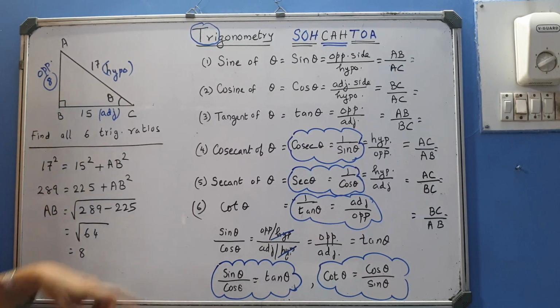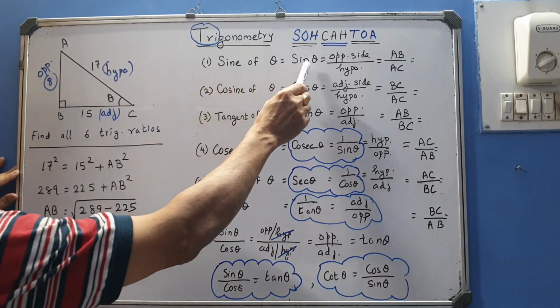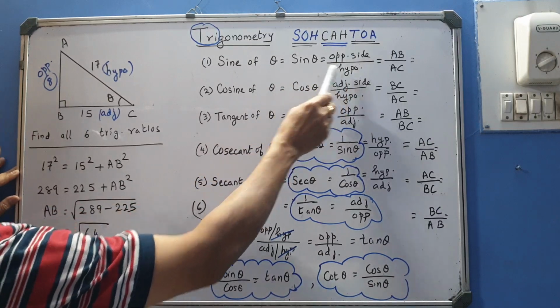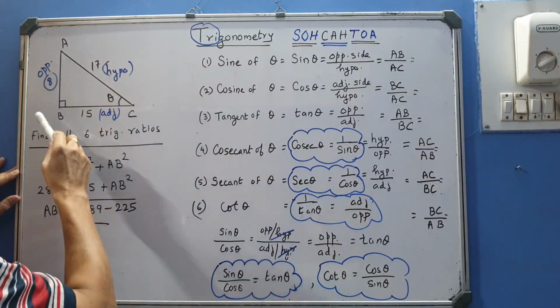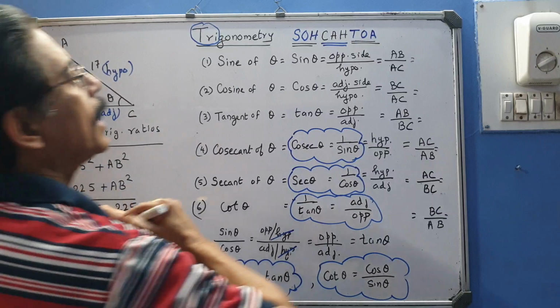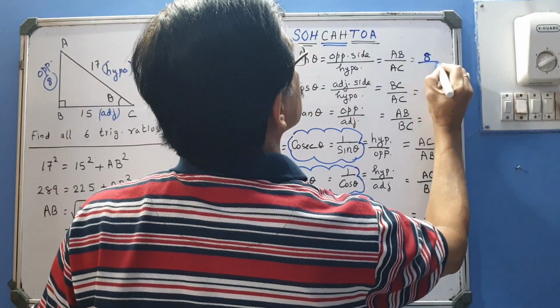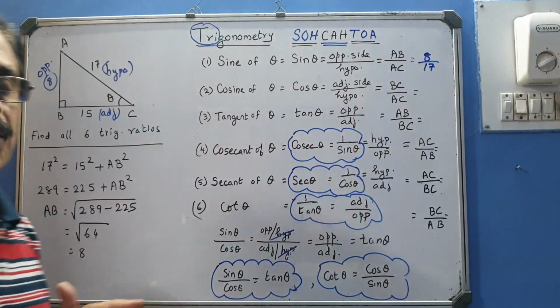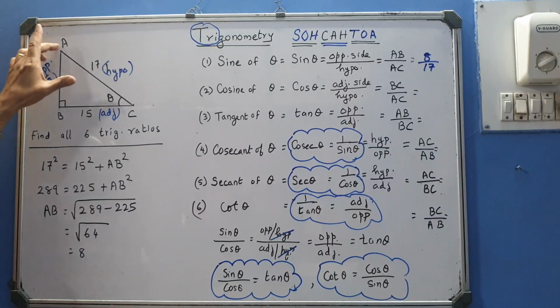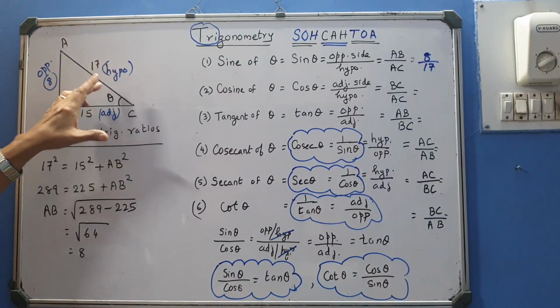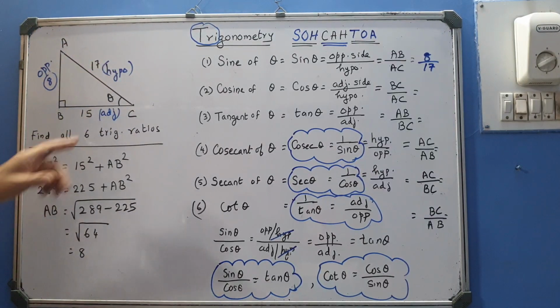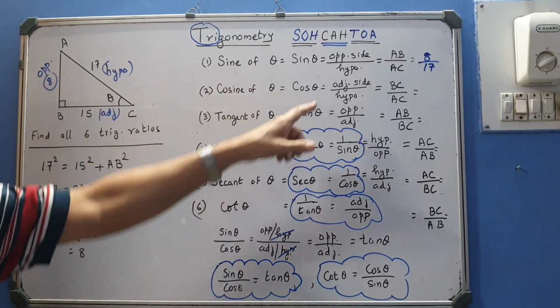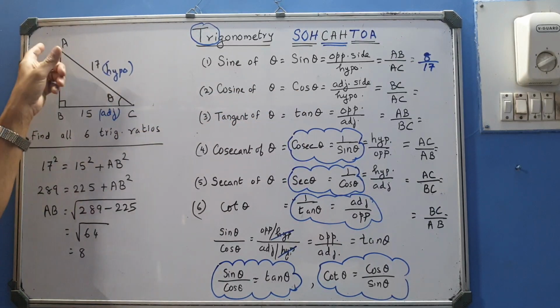Now let's get the six ratios. Sin theta I defined as opposite by hypotenuse. Opposite is AB, hypotenuse AC, so it will be 8 by 17. Now let's see the second ratio. Cosine of theta, which is called cos theta, is adjacent side by hypotenuse.